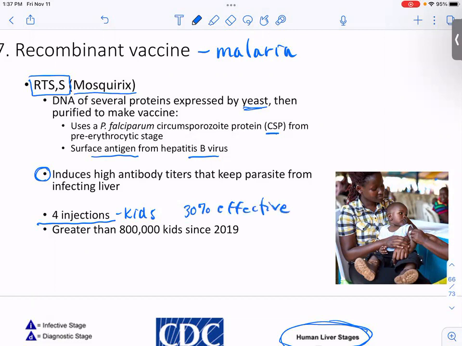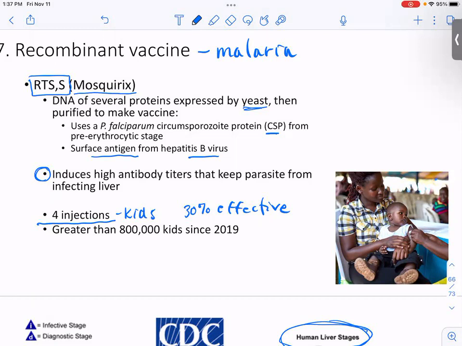Usually a vaccine is not going to be approved if it's only 30% effective. But in this case, because malaria kills somewhere between 1,000 and 1,200 kids every day, if we can save 30% of those kids, then it seems like a worthwhile endeavor.